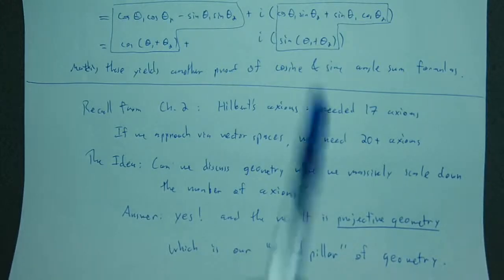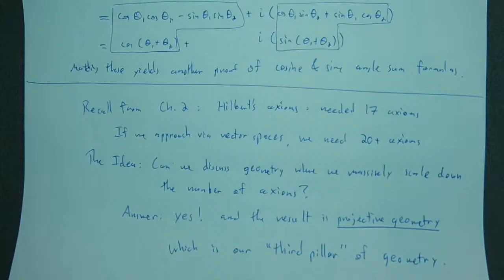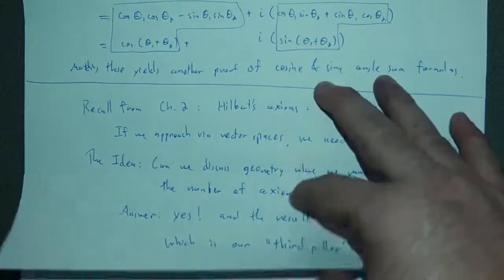Okay. Of course, there's a lot more we could have done with matrices that we didn't do because we have other things to cover. But this is what the second pillar was, and then the third pillar is projective geometry, which is what we're about to discuss now. So the third pillar.